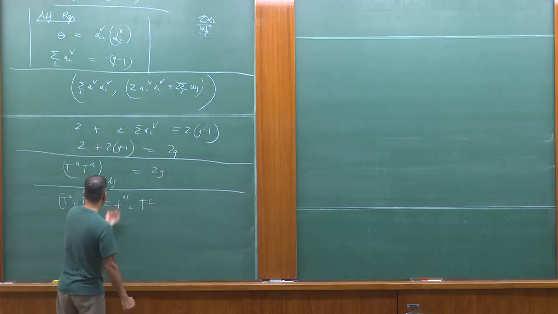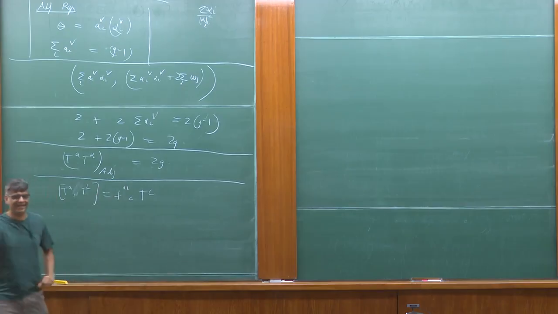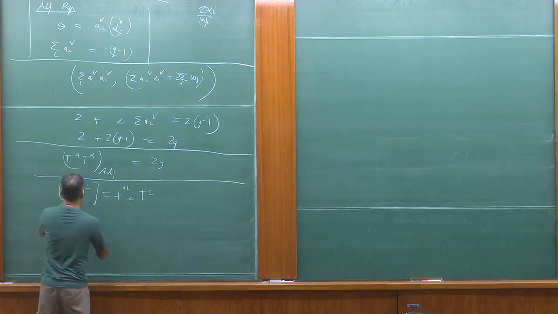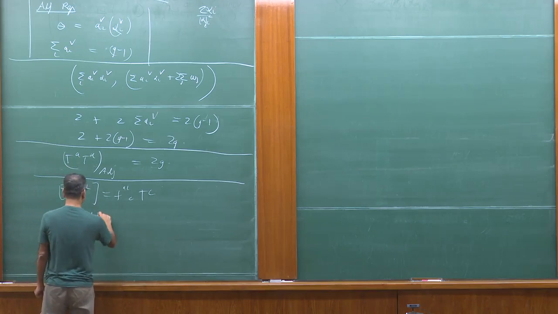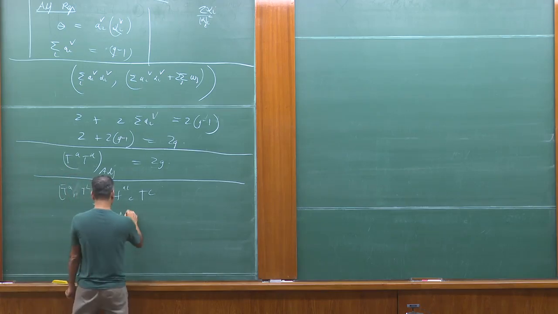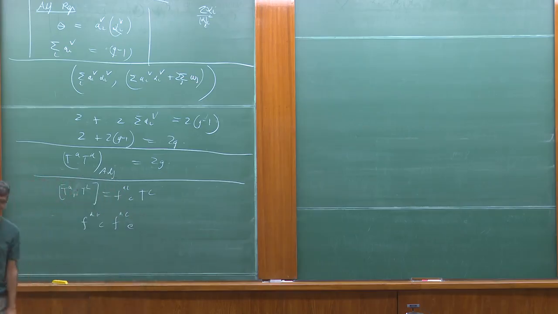Now in the adjoint representation, you can think of A as a Lie algebra generator index, and B and C as matrix indices. So then this quantity is f^{ABC} f^{ACE}, right?